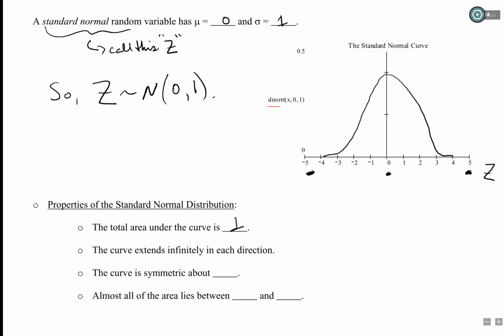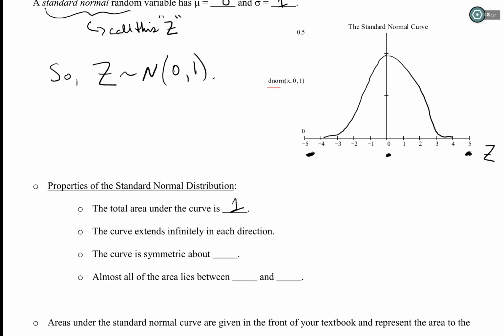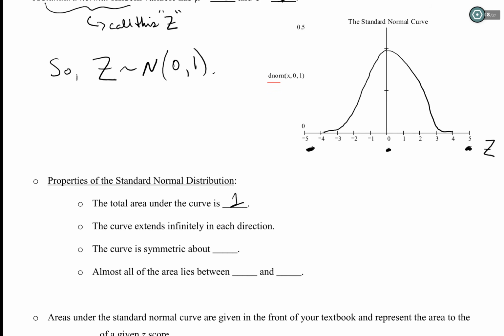A few properties here. Again, the total area under the curve is 1. That's the case for any normal distribution, not just the standard normal. It extends infinitely in both directions. Now that said, the distribution gets very close to the horizontal axis when you get out beyond ±3 for the standard normal there.